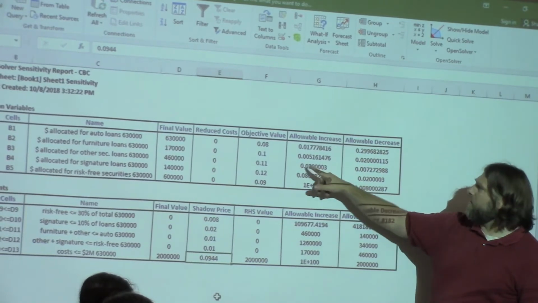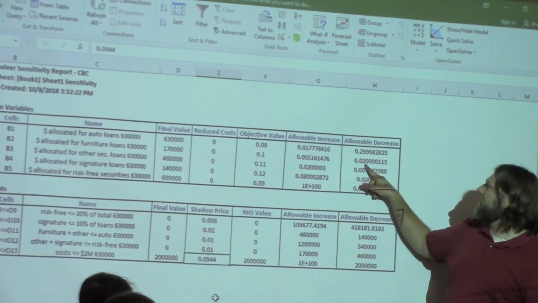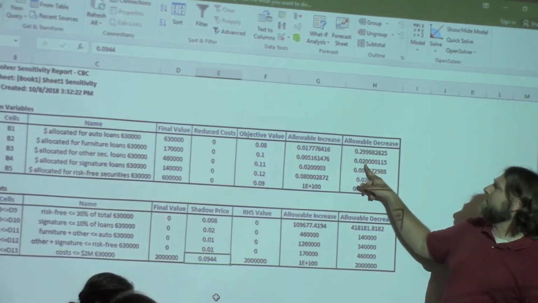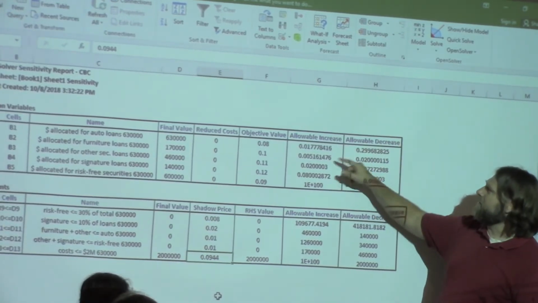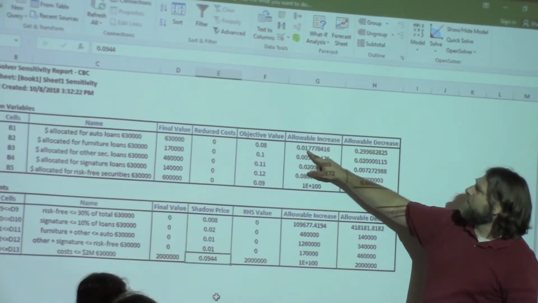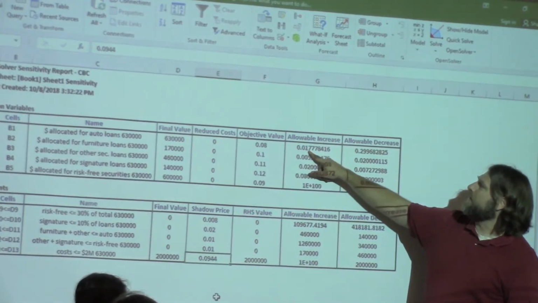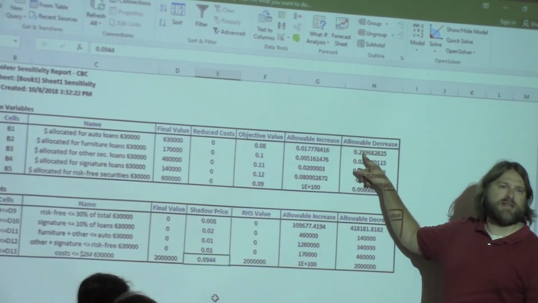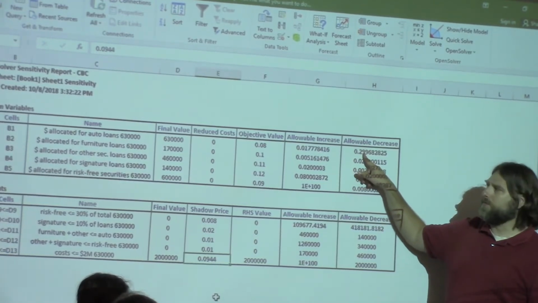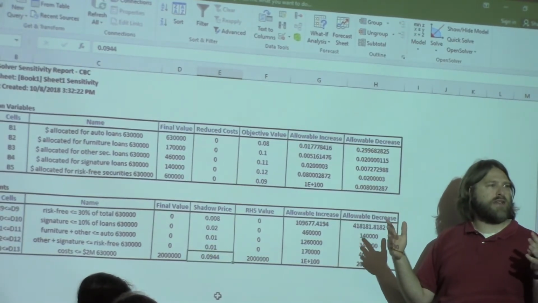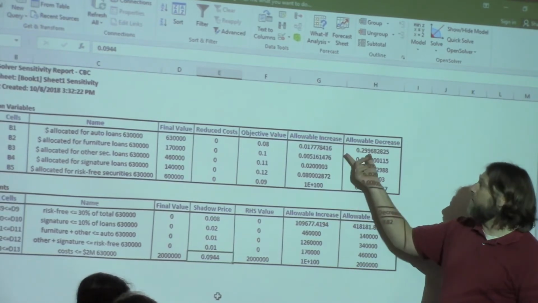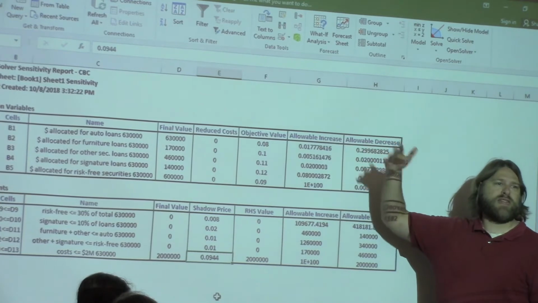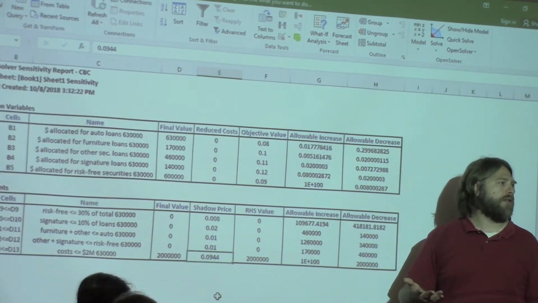Or if the furniture loans are between 0.5% and 2%, oh, that's how much you can add. Excuse me, let me start this again. So if this is between 6% and 39%, the overall allocation strategy is not going to change. So that means that we've got this large range for auto loans that if we just add more percents, we're not going to get more auto loans.